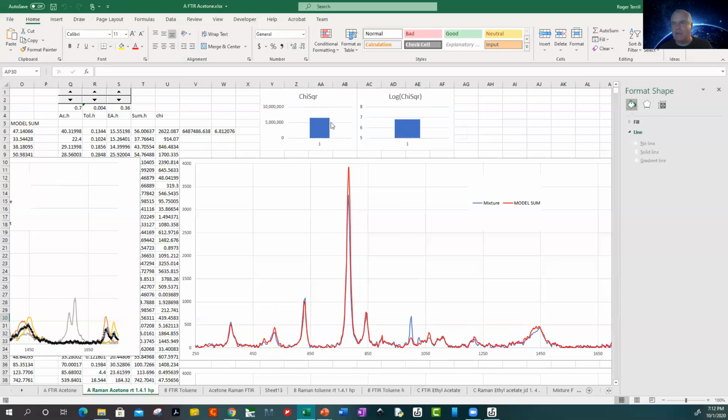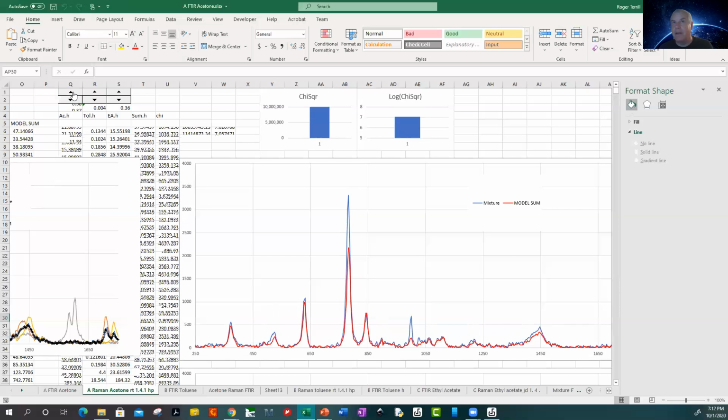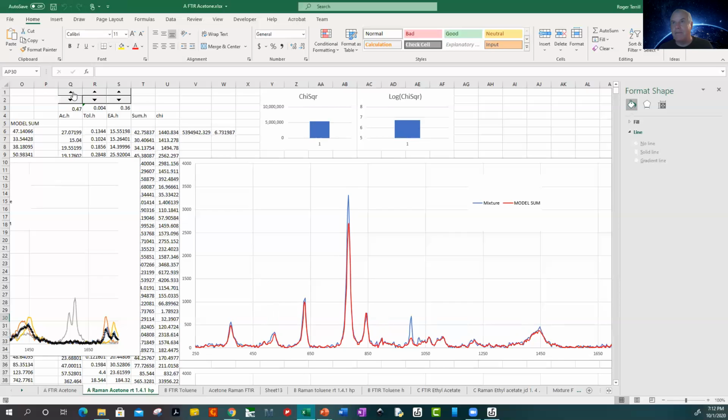See, now chi-squared came way down, right? Now I'm about 70% acetone here, right? I'm going to go too low. Oops, that's not too low yet. Chi-squared still came down, right? But now as I keep going lower, chi-squared starts to go up again, right? Can you guys see that? Does that make sense?